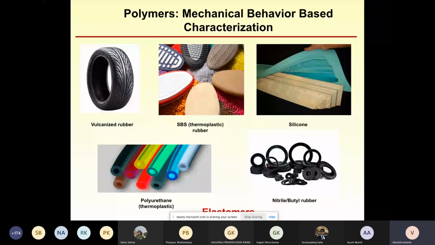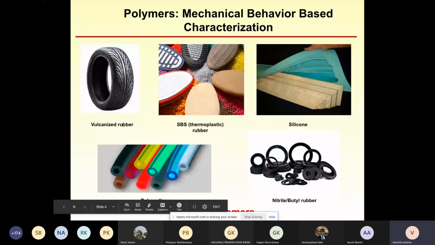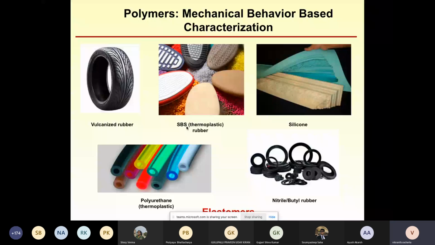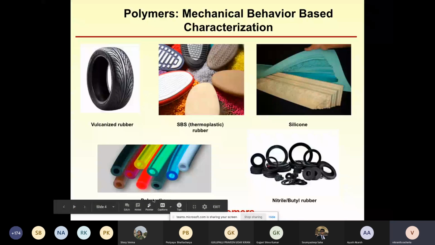So among the elastomers, the most popular ones are vulcanized rubber, SBS, silicone, nitrile butyl rubber, and polyethylene. Okay, now you can see from the pictures what applications they can be used for.